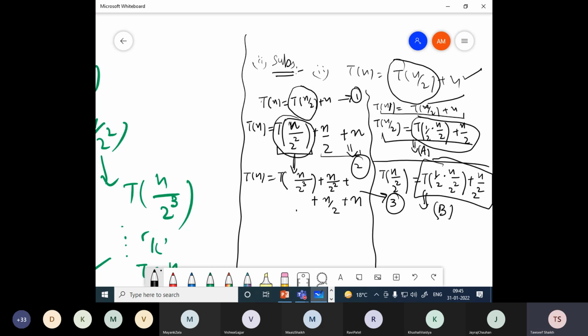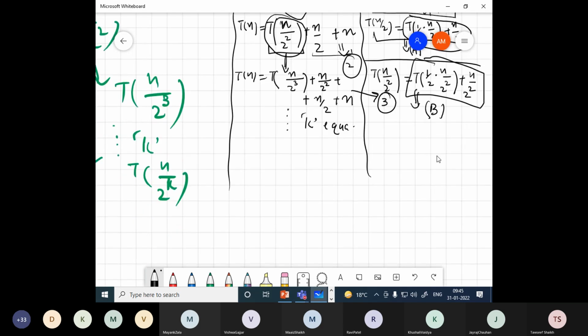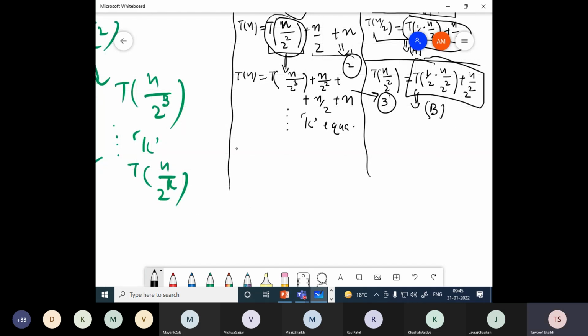So finding the same sequence for the kth equation. For the kth equation, if we write this recurrence again, this will be equal to T of n divided by 2 to the power k, because when it was second, 2 to the power 2. When it was third, 2 to the power 3.